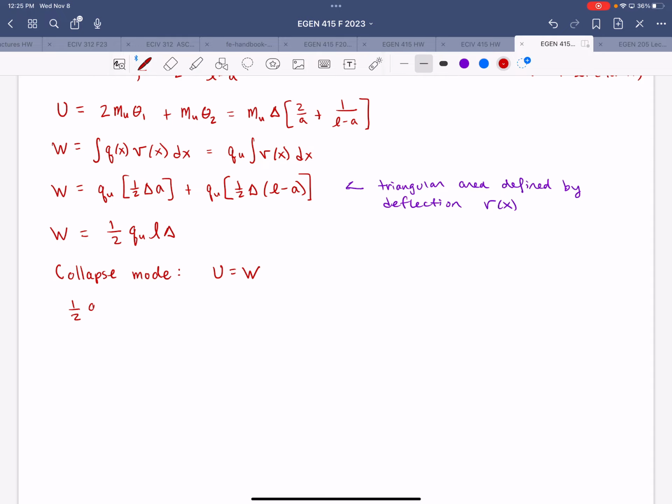So we have 1/2 QU times L times delta from our external work is equal to mu delta, and then in brackets we have 2 over A plus 1 over L minus A. So we solve for QU in terms of mu, L, and A and we get 2mu over AL times numerator of 2L minus A, denominator of L minus A.